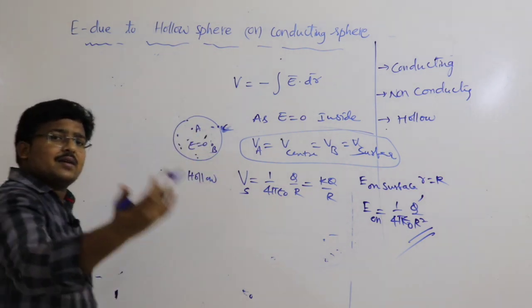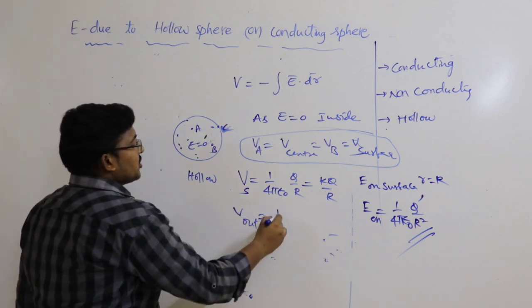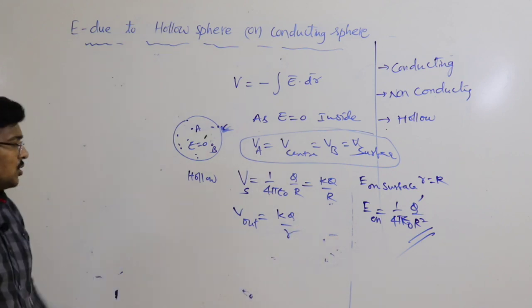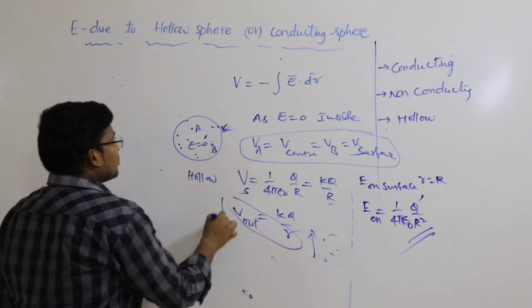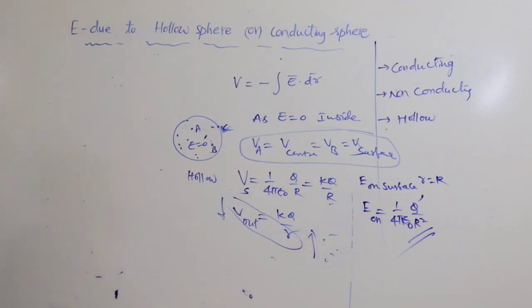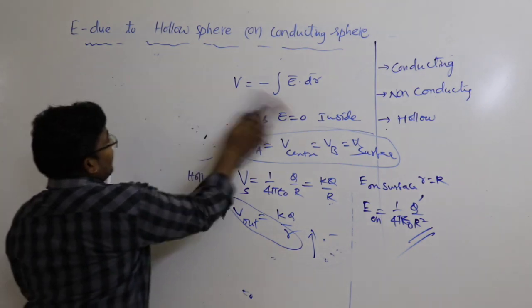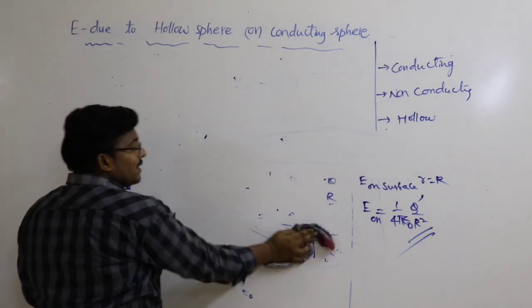If you go outside, what is the potential outside the sphere? It is k q by r, where r is now the distance from the center. So V is inversely proportional to r. If distance is more, potential decreases, right? So this is the discussion of electric field and potential for hollow sphere and conducting sphere.